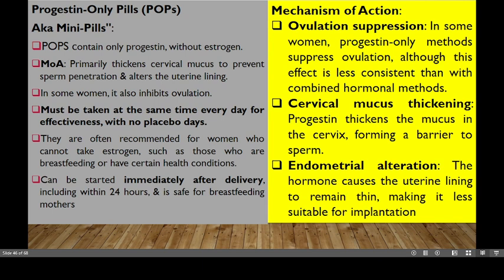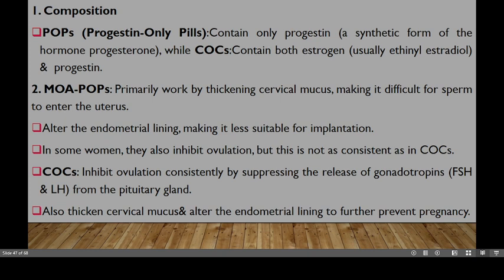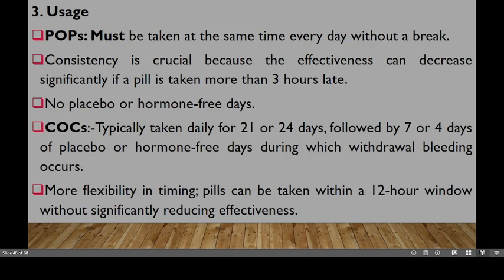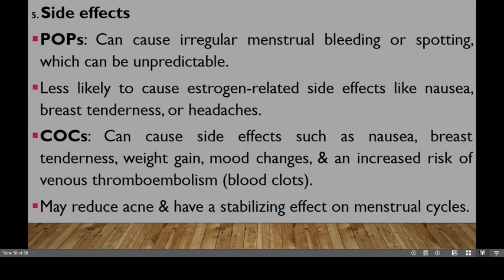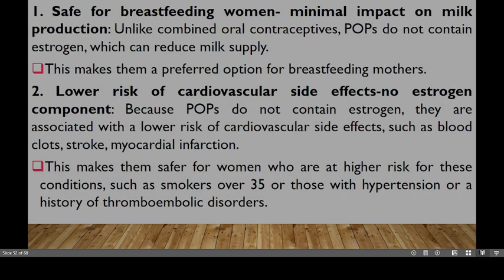Cervical mucus thickening, where you find progesterone thickens the mucus in the cervix, forming a barrier. Then the hormone also causes the uterine lining to remain thin, making it less suitable for implantation. Right? So we have the POPs, and we can have several differences between the COCs and the POPs, right?